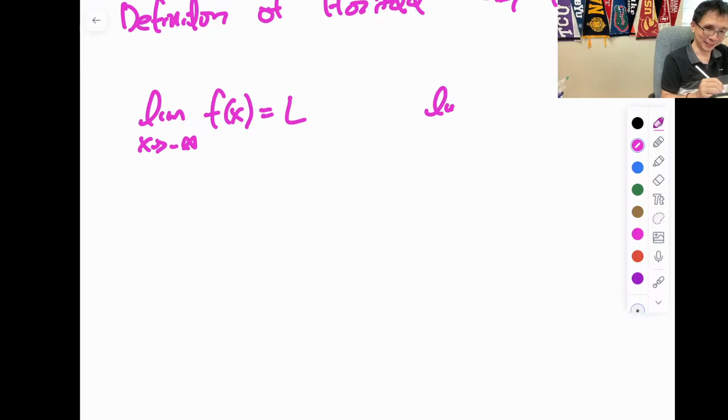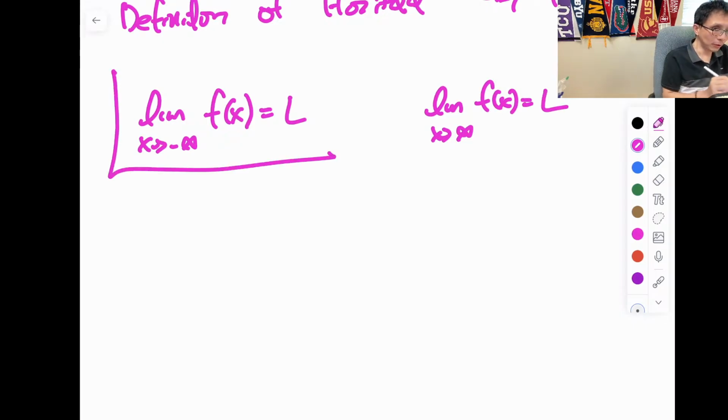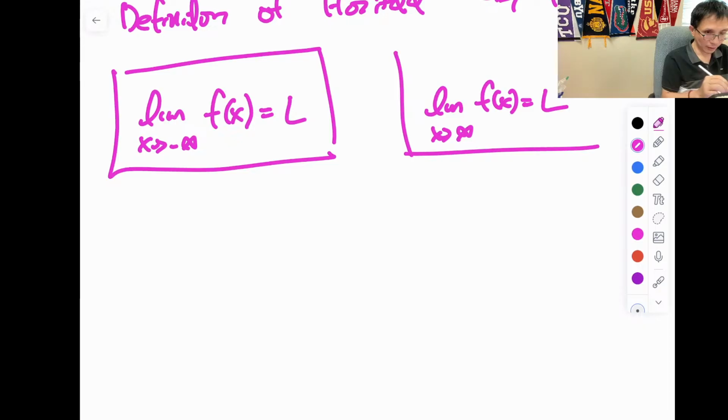Okay. The limit as x approaches infinity of f of x is equal to L. So x is going to reach infinity or negative infinity, right?